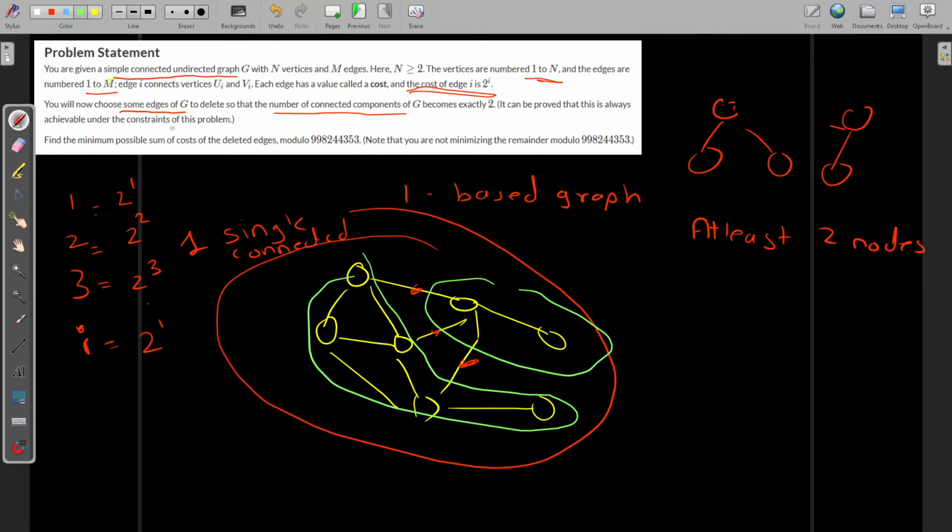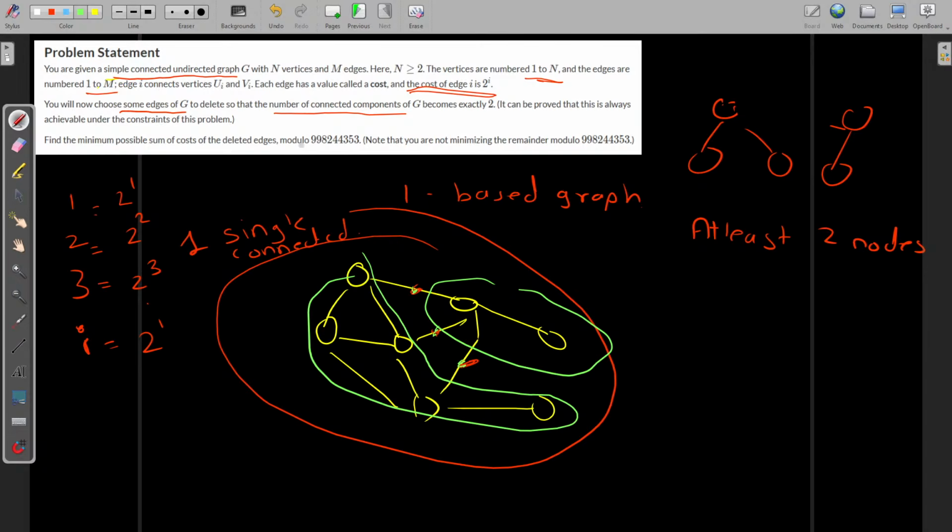So that is one part of the problem. For a single connected component, we have to delete some edges such that the number of components becomes two, and then we have to find the minimum possible sum of cost of deleted edges. Some edges of G to delete, so that the number of connected components of G becomes exactly 2, and find the minimum possible sum of cost of the deleted edges.